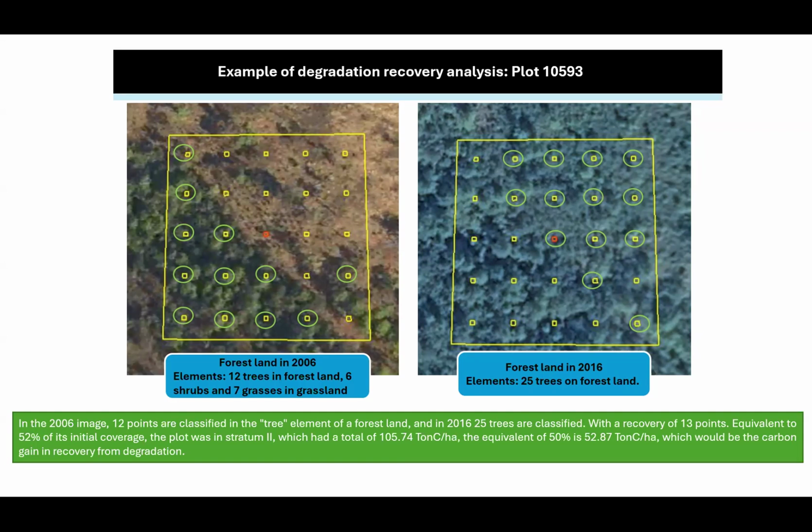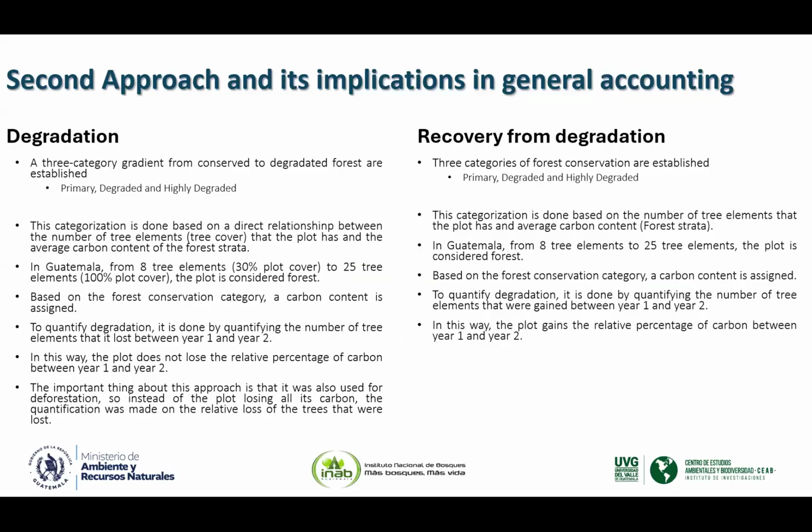But in the stage of the validation and verification audit, the auditors wanted Guatemala to detail the definition and degradation approach, and Guatemala works in this second approach, and the implication in the general accounting.